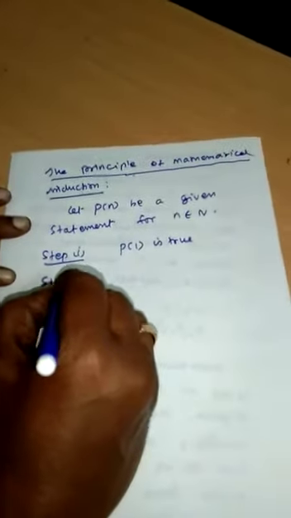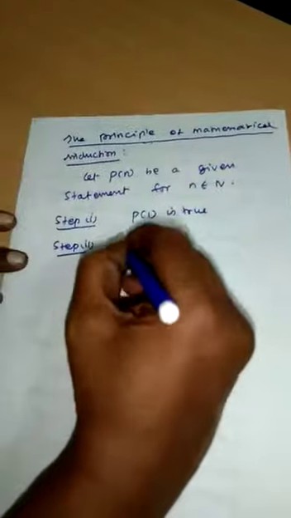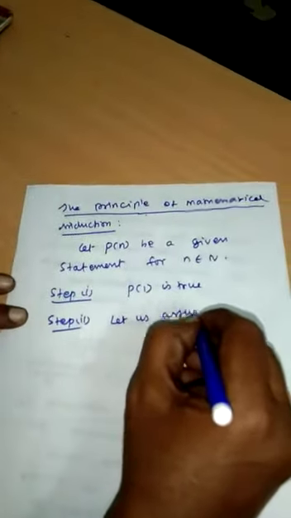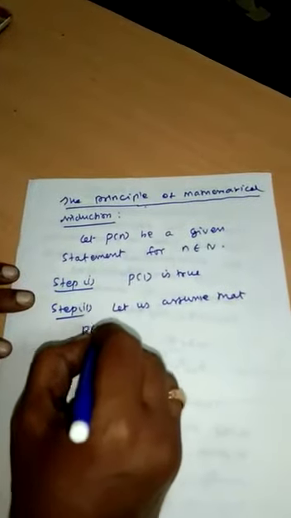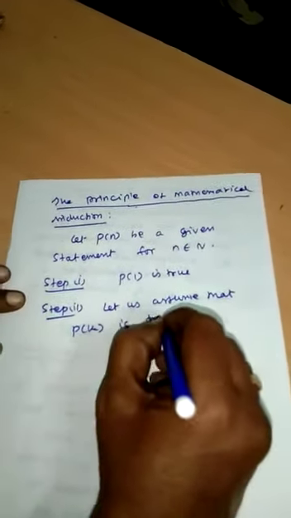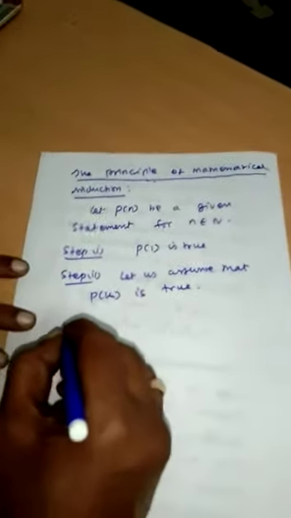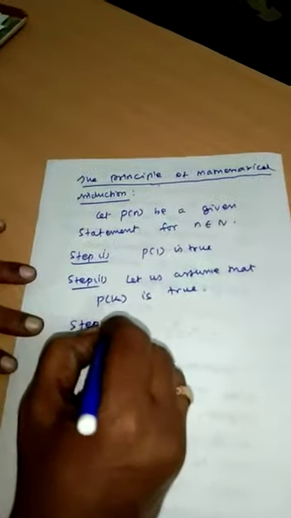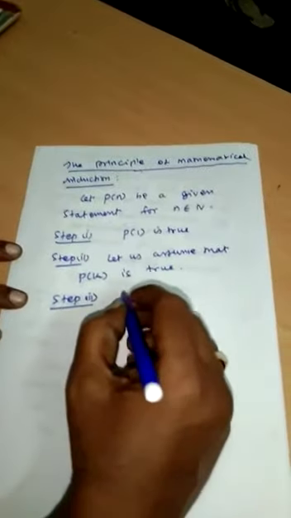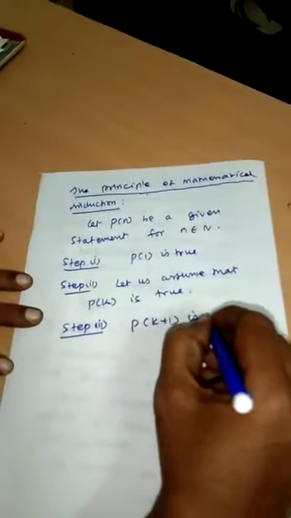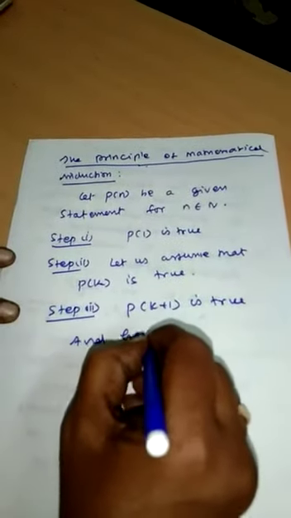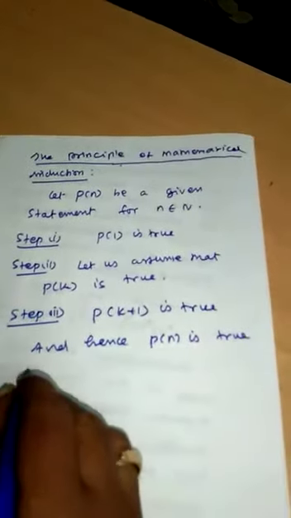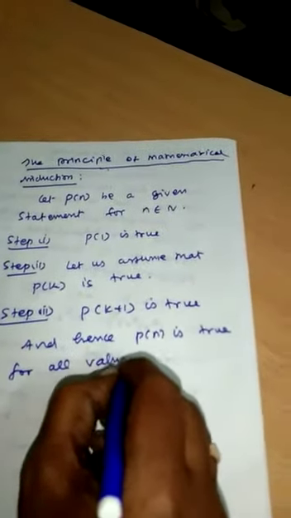Step 2, let us assume that Pk is true. Step 3, if Pk is true, we should prove that Pk plus 1 is true, and hence Pn is true for all values of n.